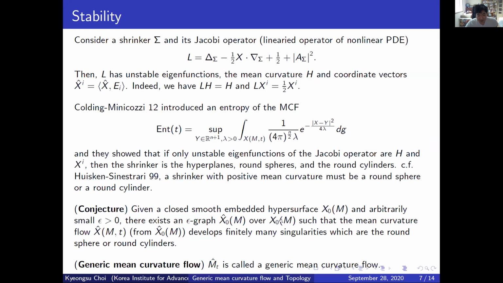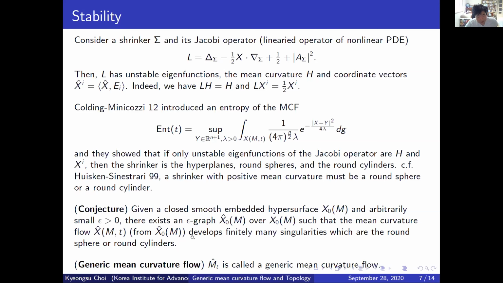If I have some given closed smooth hypersurface, and we perturb it very little, so we have an epsilon graph over that given hypersurface, then the mean curvature flow from this perturbed initial data develops only finitely many singularities, which are round spheres and round cylinders with multiplicity 1.